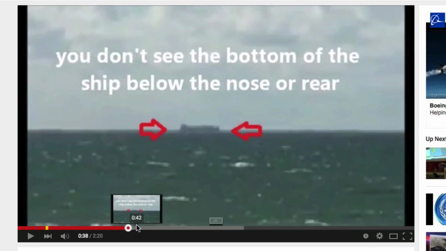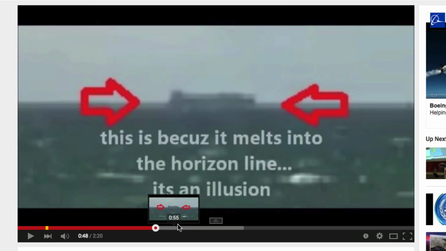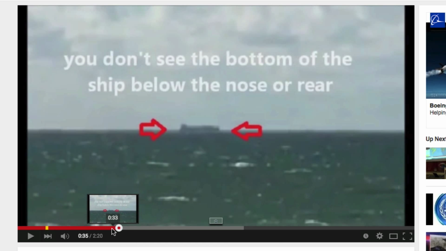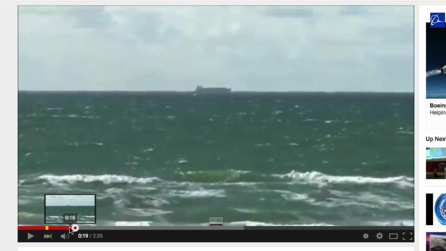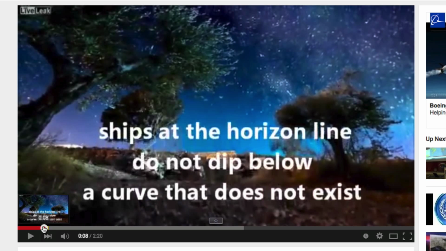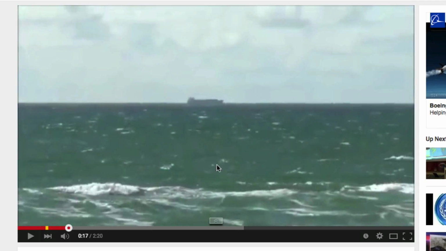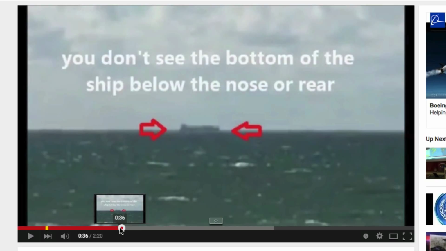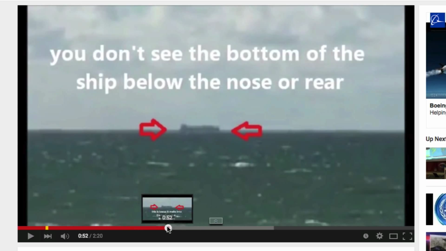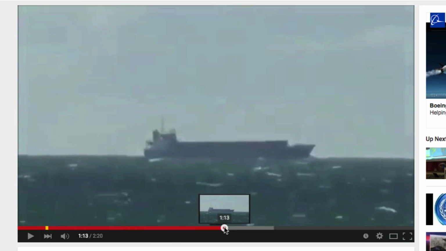But really, it appears that way just because of our depth of view, because we can only see so far out, and especially with the fog or the moisture in the air, and other things that happen where we can't see clearly. As you see, it's kind of foggy over here, and it just appears to go below the Earth's curvature.